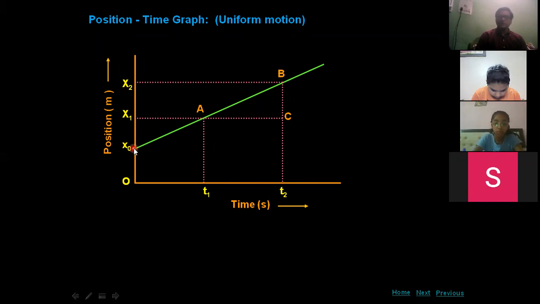As the object started to move, it reached point A. At point A, time was T1 and the position changed from x0 to x1. And as the time reached T2 seconds, the object reached point B, and the position changed from x1 to x2. So are you able to understand the graph?